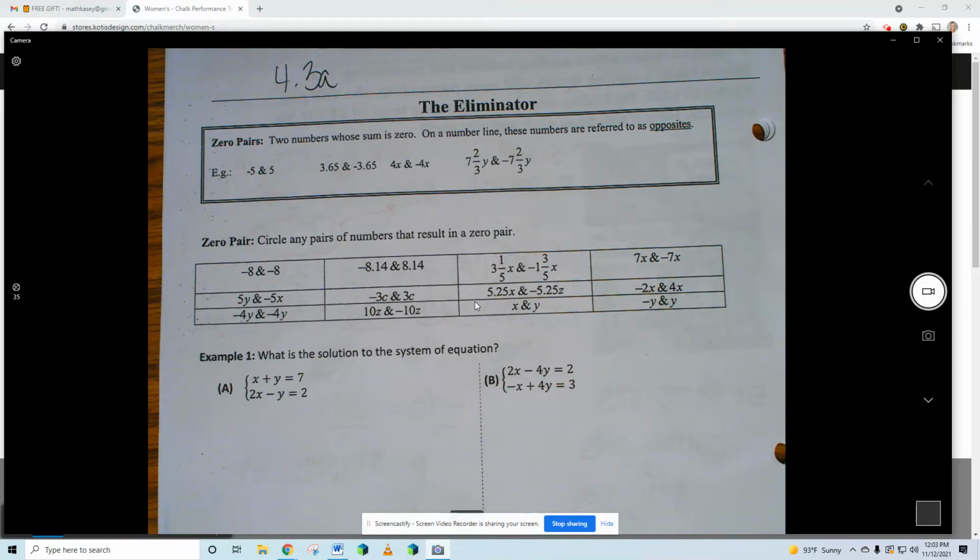So those are two methods. The last method that we're going to talk about involves canceling something out. I don't have to graph it. I don't have to substitute anything in. What I'm doing is keeping my equations in standard form.